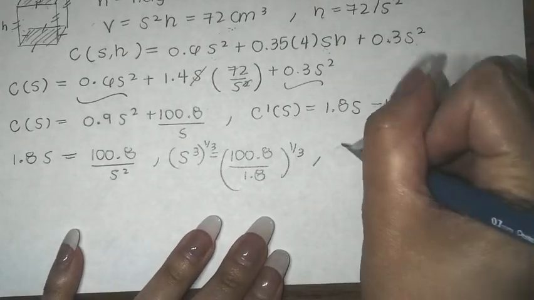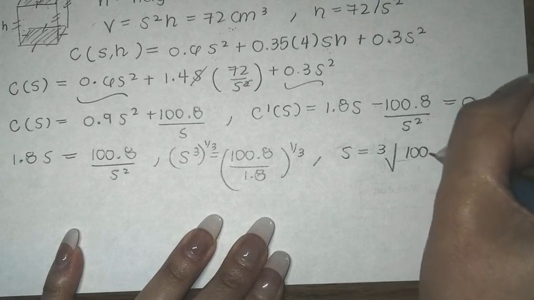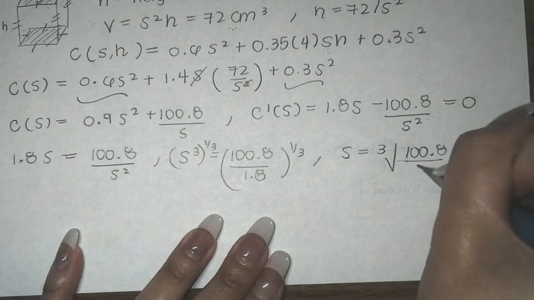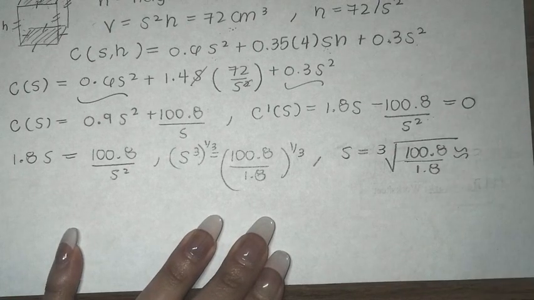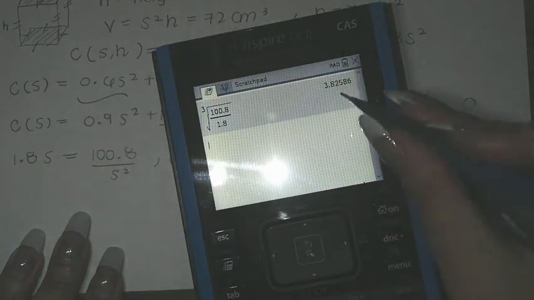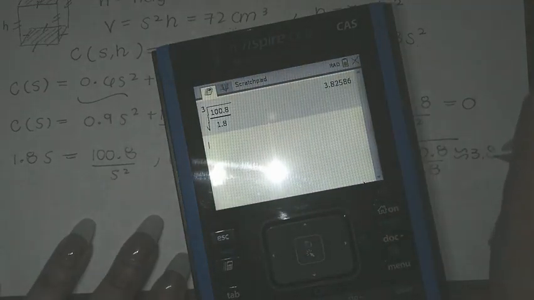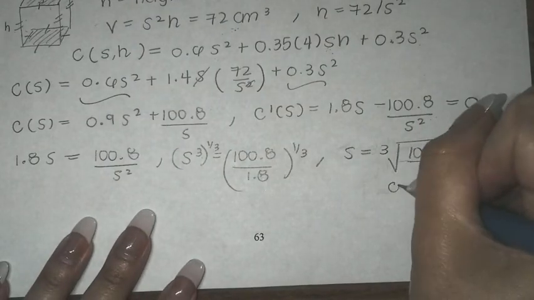So S is going to be the cube root of 100.8 divided by 1.8. When I plug it in the calculator, let me show you what I got. I got 3.8258. This is in centimeters. So what you have here is going to be your critical number.